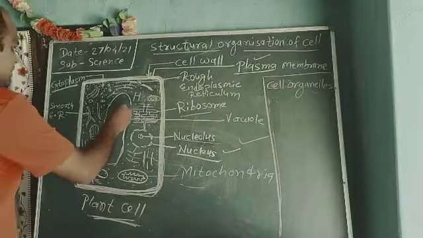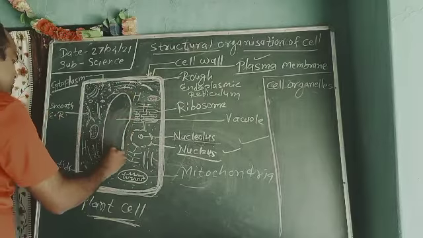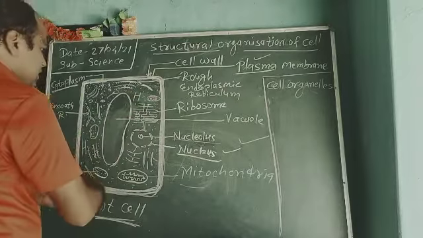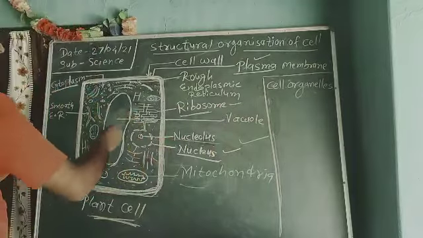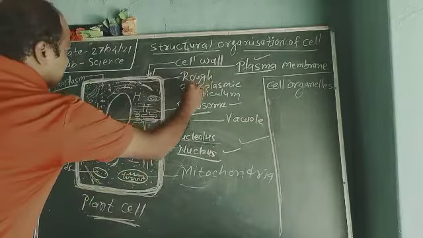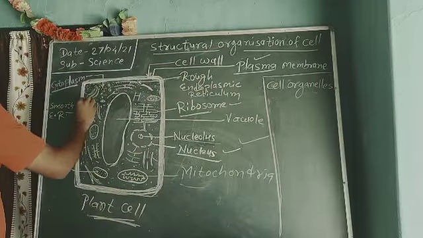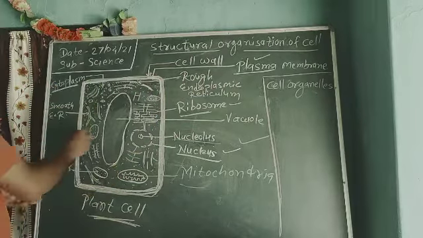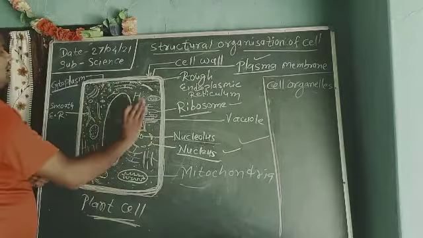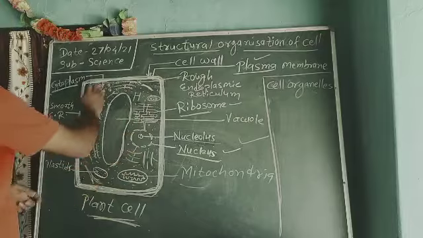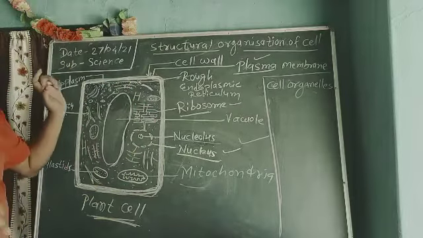And this is vacuoles. And this is ribosome. And this is endoplasmic reticulum. And all the dotted parts are the cytoplasm. So the cell contains cytoplasm all around.